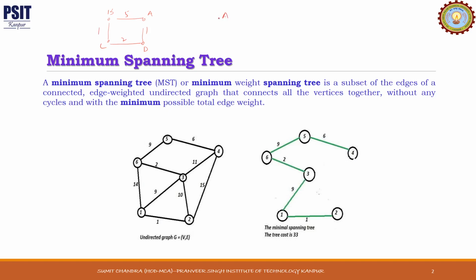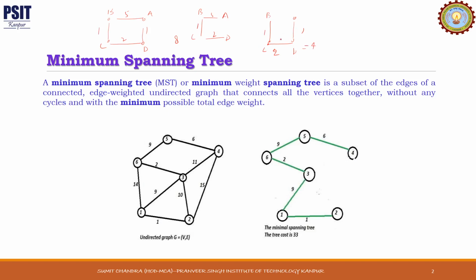So we can have A, B, C, D. This is one of the spanning trees having weight of 8. Then we can have a spanning tree having weight of 4.